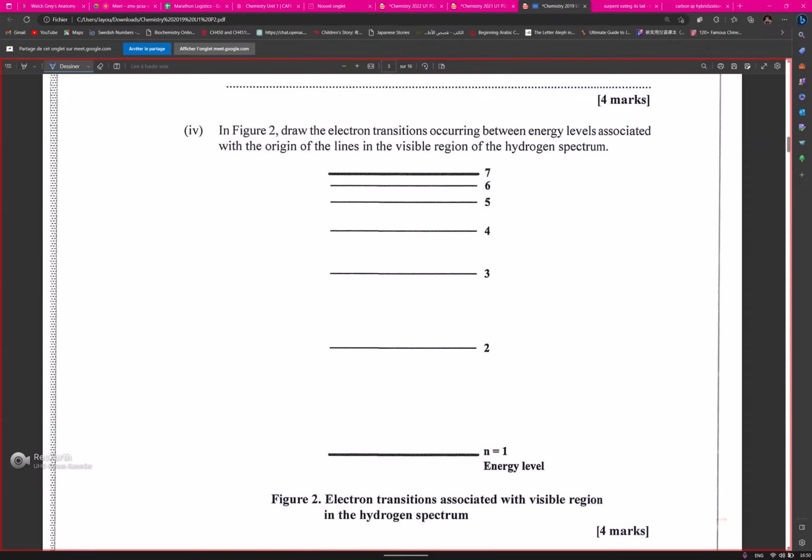Someone tell me. So they're falling to n equal to... You sure? Yes, sir.